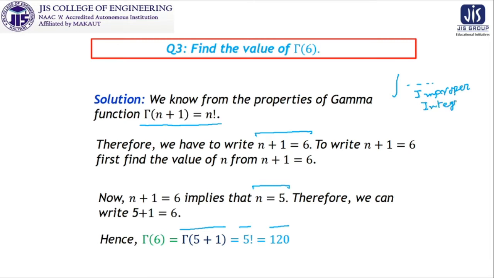But using the properties of that specific convergent improper integral called gamma function, we are able to find out the values of these complicated integrations by so easy steps, and here we get gamma 6 equal to 120. You will see these types of problems more in this class, how the complicated problems are tackled by the properties of gamma function.